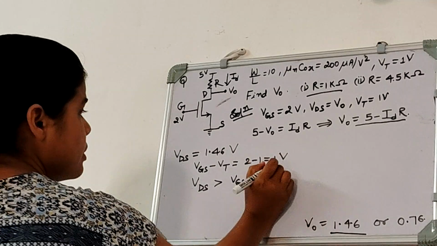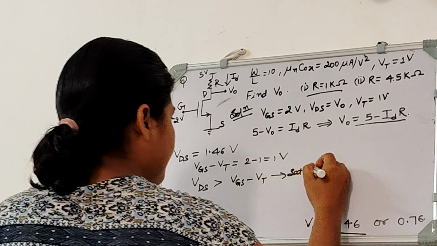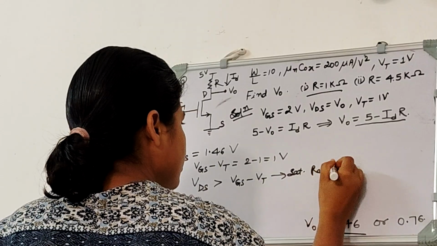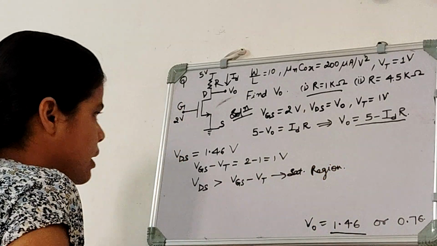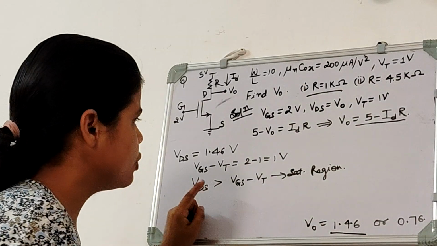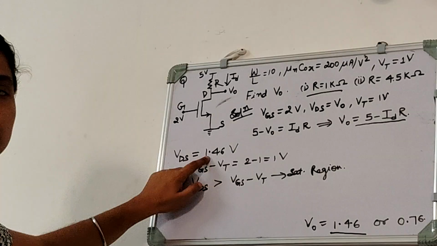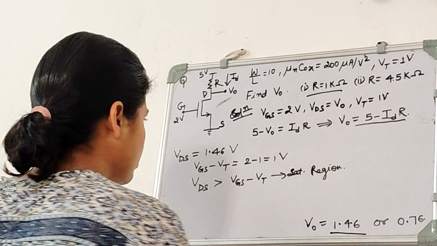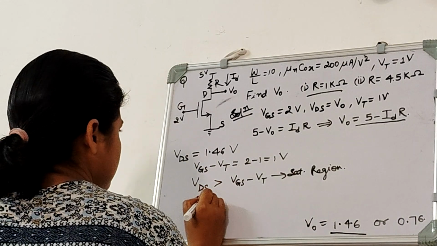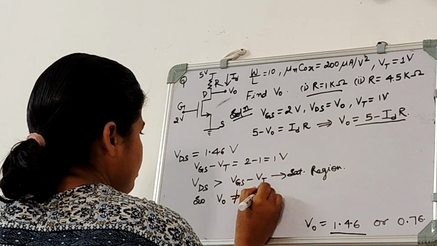That means it is saying that it is working in saturation region, because this is the condition for saturation region. And we saw that in the second question our NMOS is not working in saturation region. So that means this value of V naught is incorrect. So V naught is not equal to 1.46.